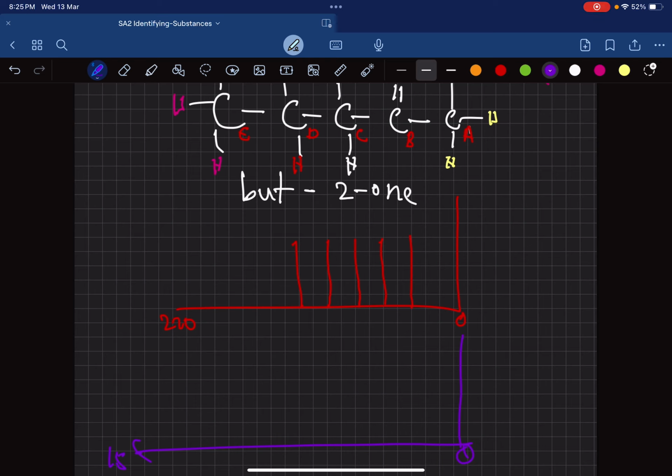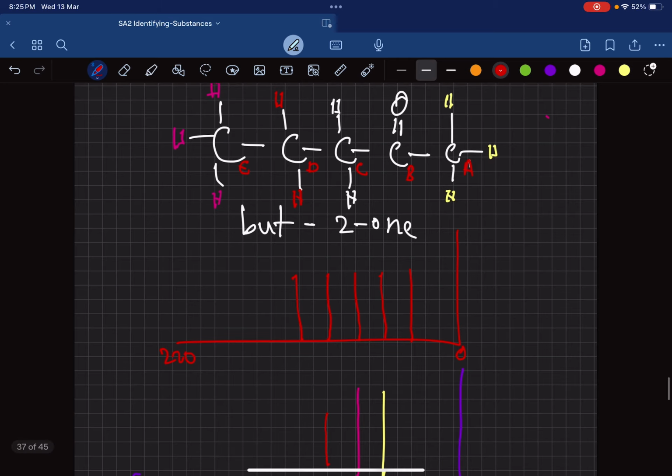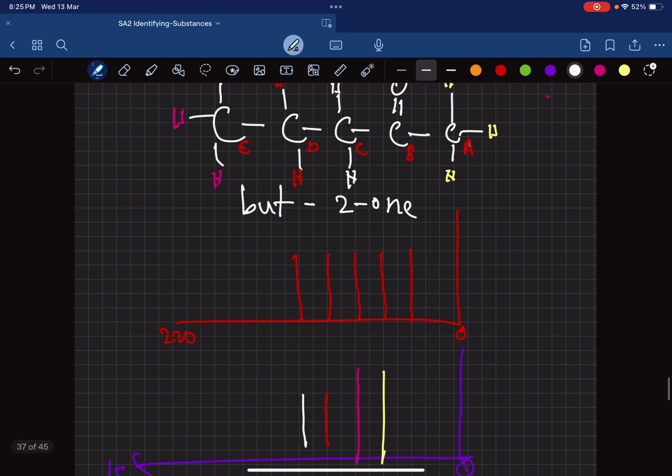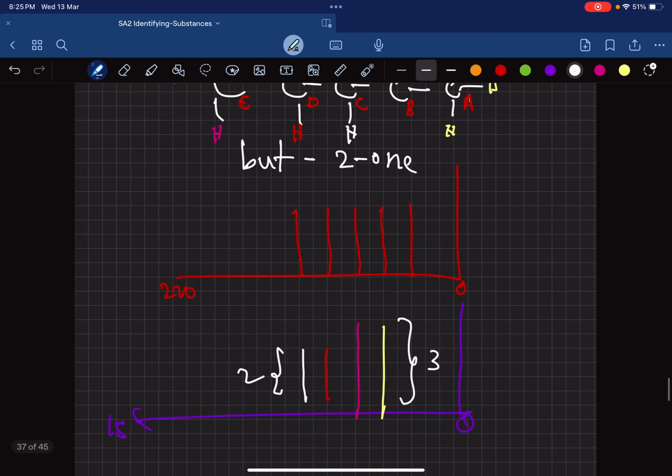So you have 3 yellows, and then you have 3 pinks, so the heights will be the same. And then you have reds, which is 2, and then you have white, which is 2. So you get 4 signals, but their ratio of height is almost like 3:3:2:2.